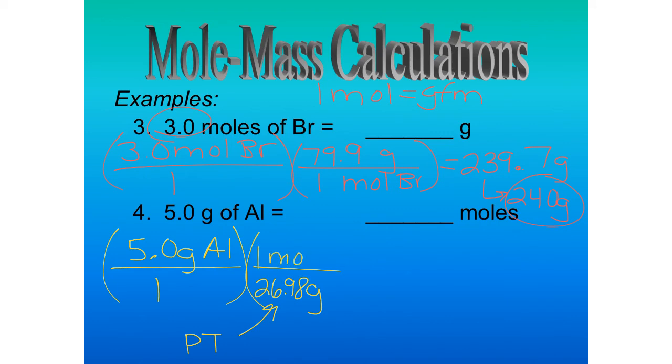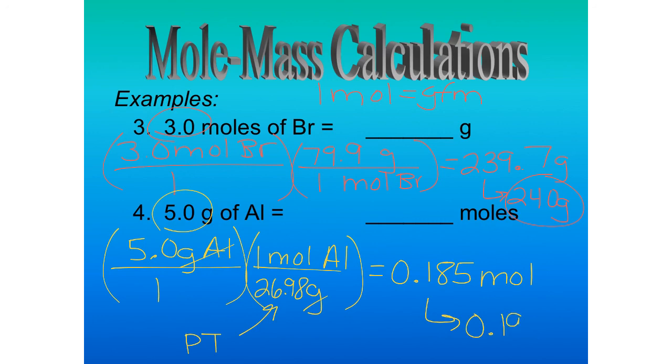That is equivalent to 1 mole of aluminum. So grams cancel, leaving us with moles. We just put into our calculator 5 divided by 26.98, and that gives us 0.185, which we do want 2 significant figures, so 0.19 mole.